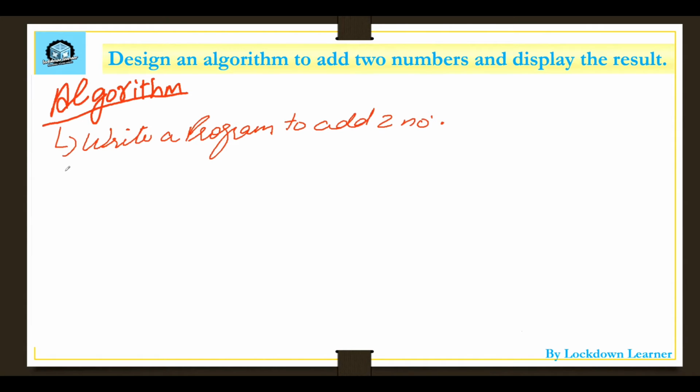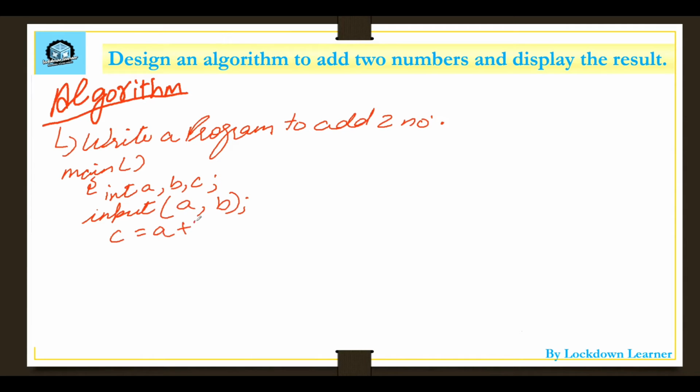You will first write main or void main, then declare variables int a, b, c, and then take input. I'm not writing specific input like cin or cout. You take input a, b, and when you have taken the input, you assign c equals a plus b, and then you output c, and then you close this.